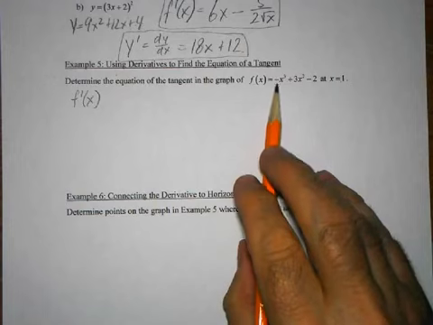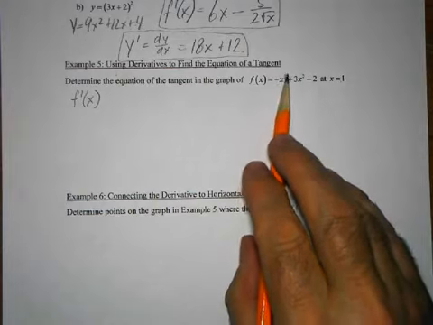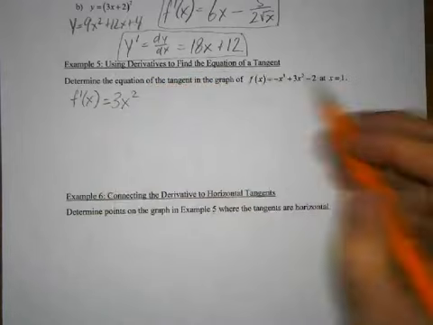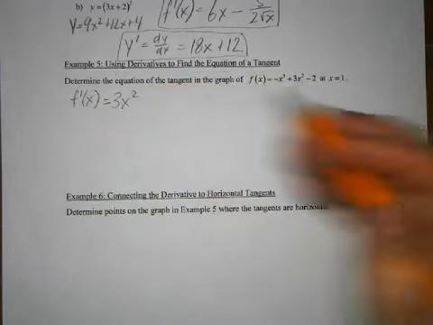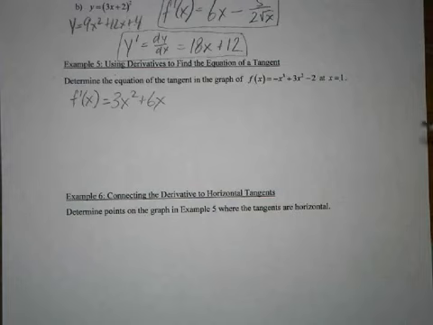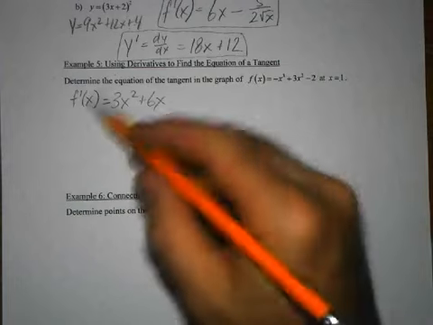So I go back and look at this, so that's going to be 3 times negative 1, so that's negative 3x squared, reduce the 3, that's going to be plus 6x, and the derivative of minus 2 is 0 because it's a constant, so that's the derivative there.